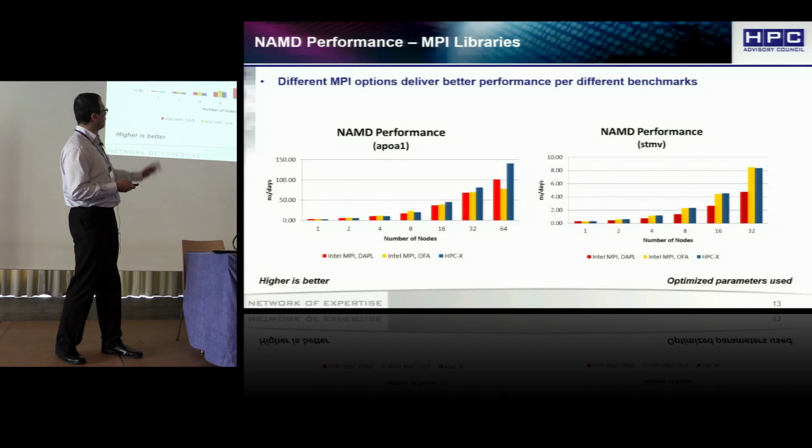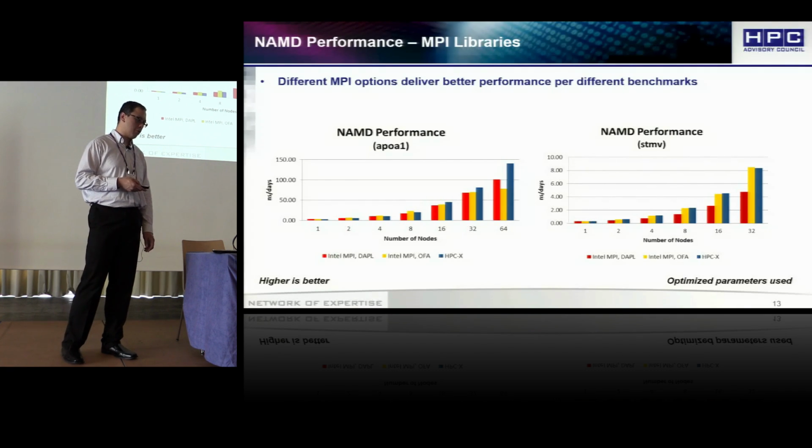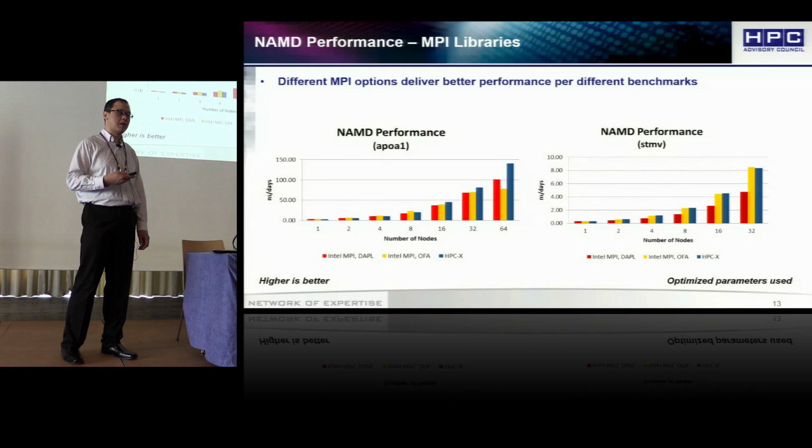And we try different types of MPI libraries. So we do see that there are differences, as we saw in the previous slide: even with the same MPI library, you can actually get different performance.